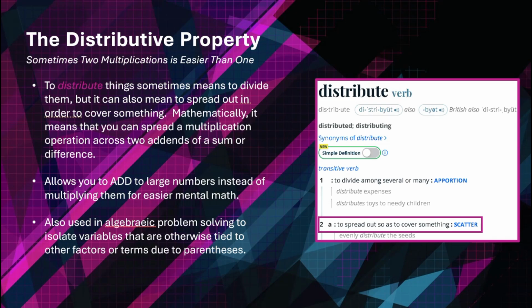We also use the distributive property heavily in algebraic problem solving in order to isolate variables that are otherwise tied to other factors or terms because they are in parentheses. So often when we need to get rid of parentheses when solving an equation, we will employ the distributive property. It's a bread and butter kind of tool that you're going to use pretty much now until the end of your math life.